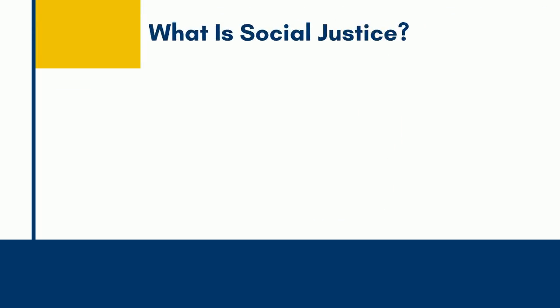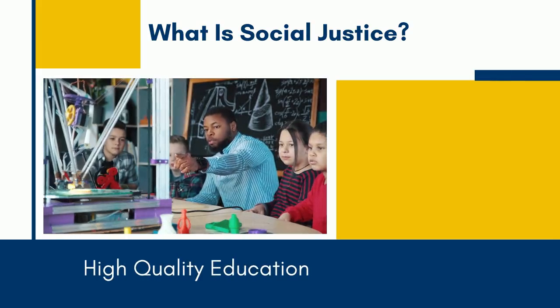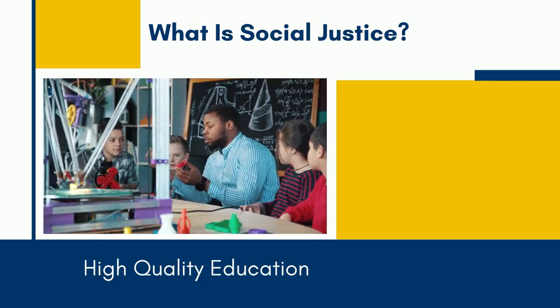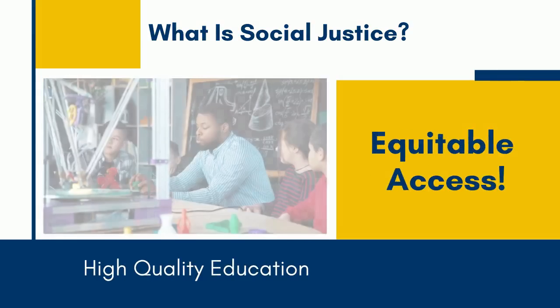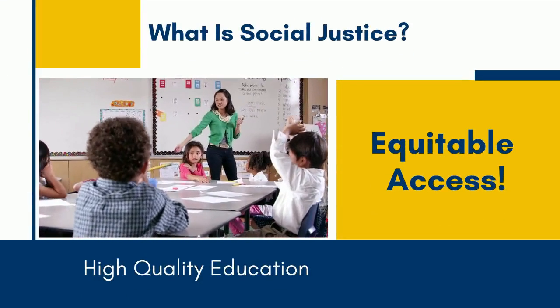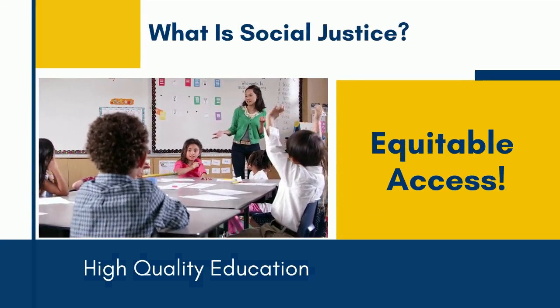So what do we mean by social justice in education? By social justice, we mean that all students have the fundamental right to learn and receive a good education. Social justice in education means that each student has equitable access to the same high-quality teachers, learning opportunities, materials and resources, and services as any other student.